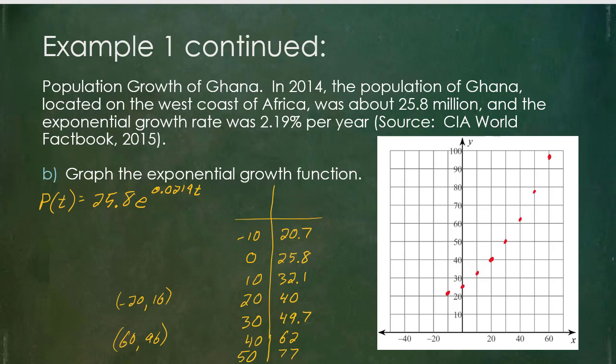Negative 30 at 13-ish. That should give us enough points. So plot those last two, negative 20 up at 16, and negative 30 at 13.